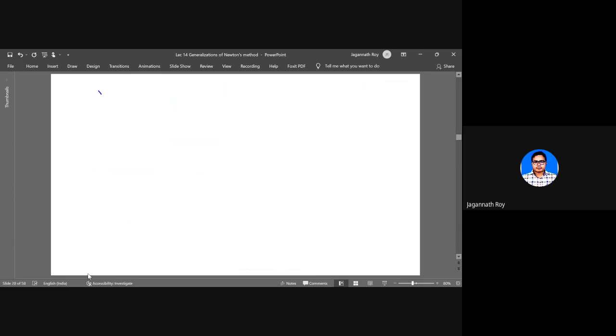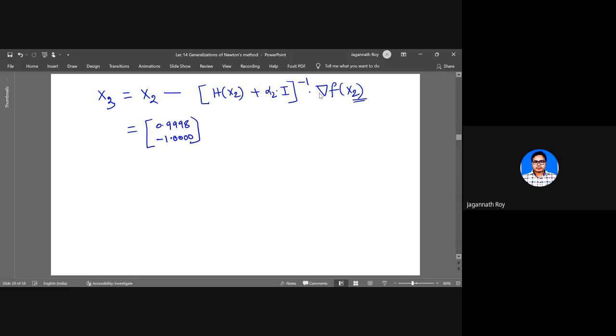Okay. So x3 will be x2 minus the Hessian matrix plus alpha 2 into I, inverse, multiplied by the gradient at x2. So this is nothing but, just now we have seen, 0.9998, minus 1.0000.